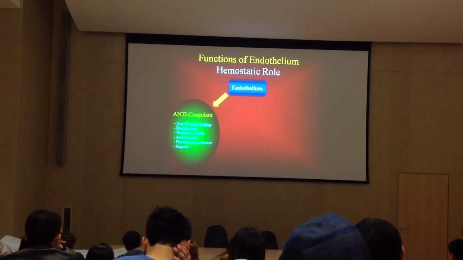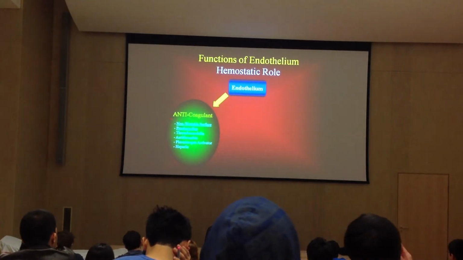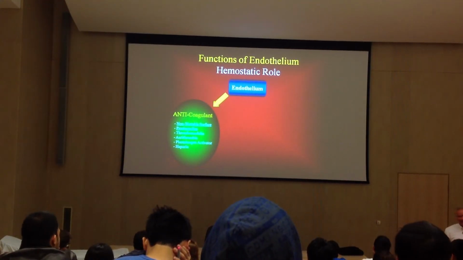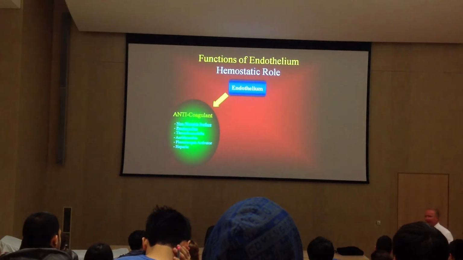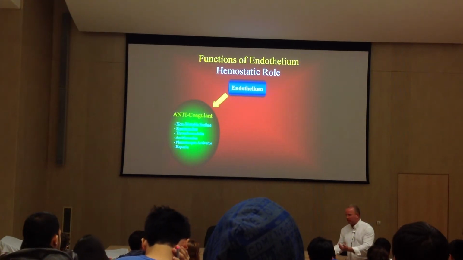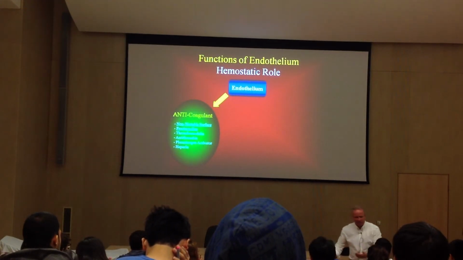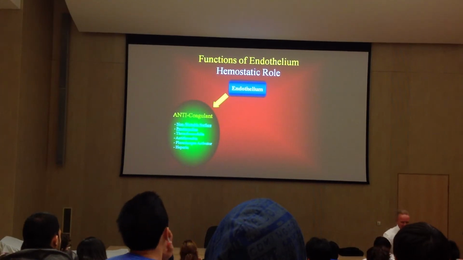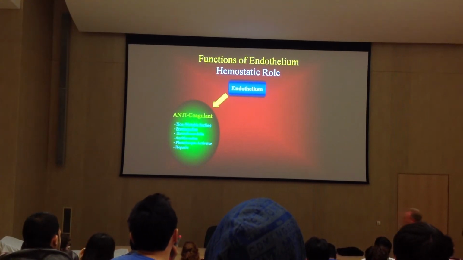How can you do that? Very simple. The first one is that its surface, when intact, is so-called non-wettable. The non-wettable means that it is not favoring the adhesion of thrombocytes, and therefore the initiation of the platelet phase of the coagulation cascade of the overall hemostatic process.